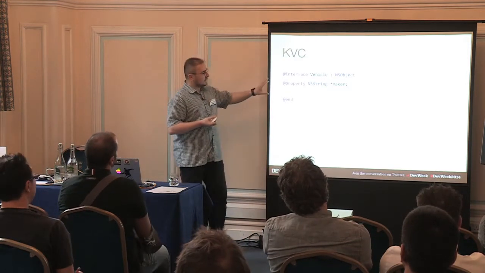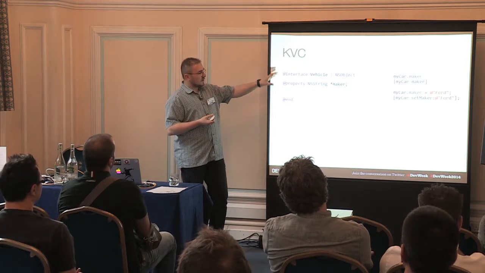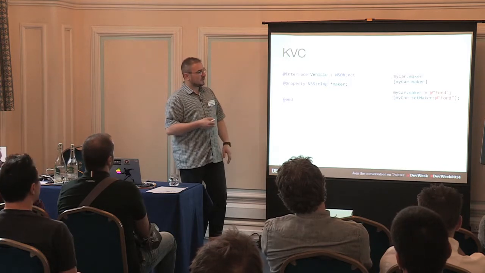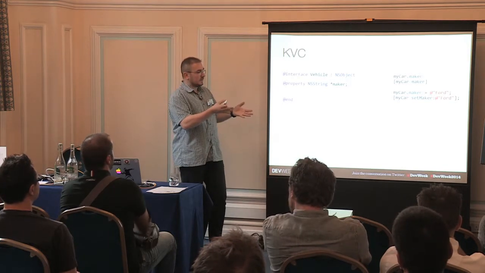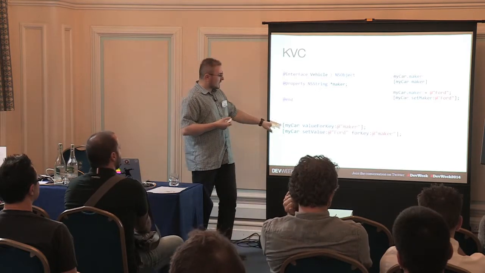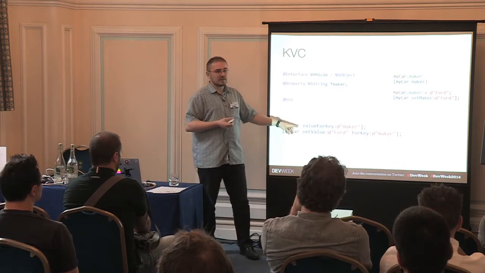If you have a class that has a property called maker, let's say, and you implement that, the way you call it is you use .maker, or you can use the setter. Because remember, behind the scenes, you still have a setter. So it turns out that for that property, you can actually still access it like you would access a dictionary.